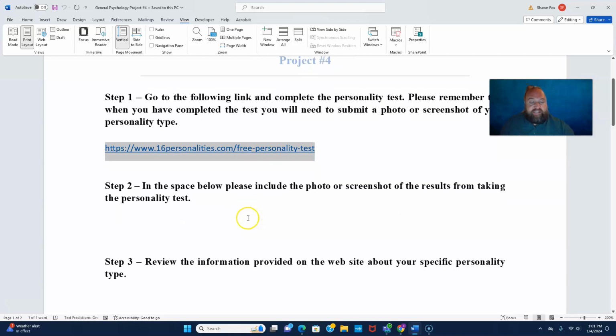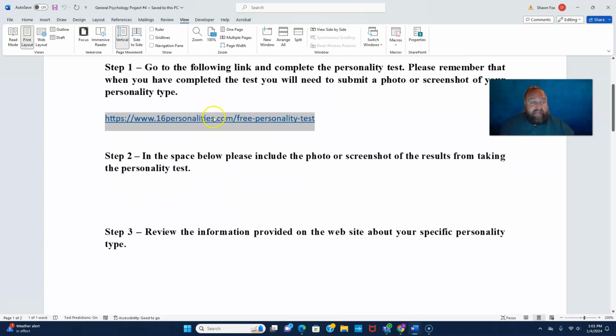In addition to that, once you take that test and it gives you your type, it is going to also allow you to look up information about that type. It'll talk about an overview of your personality type, strengths, and weaknesses. It'll talk about potential jobs or interests or hobbies that you maybe have.